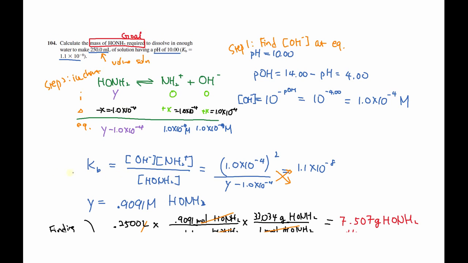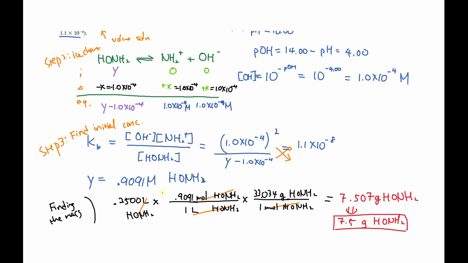And then step 3 is to set up the Kb, and then find the initial concentration of hydroxylamine. And then step 4 is just simply find the mass.